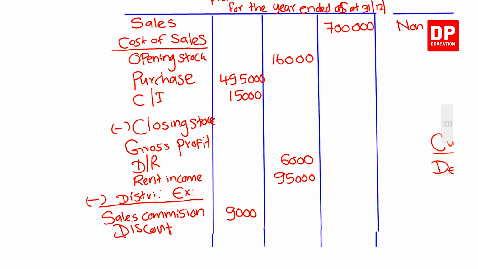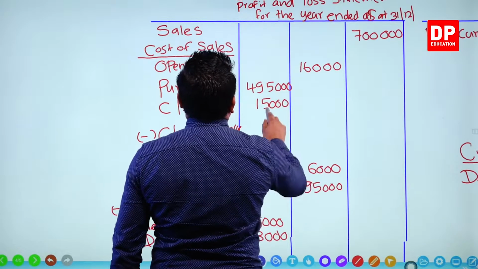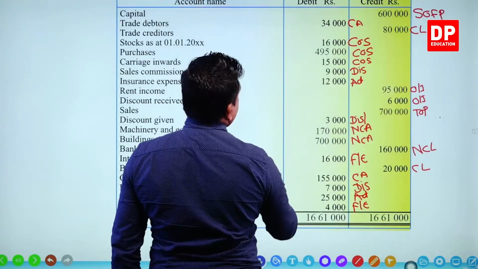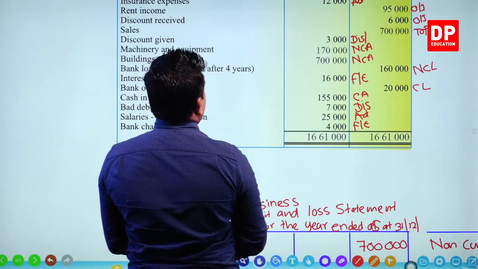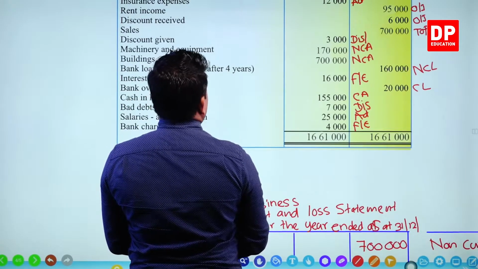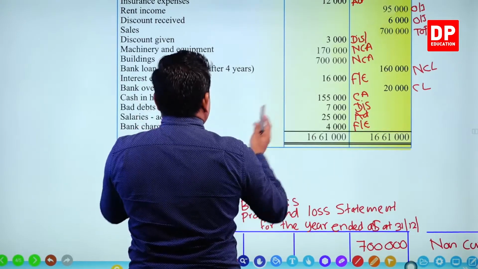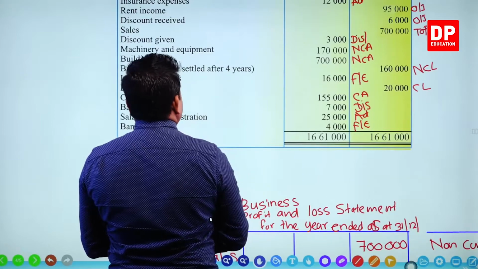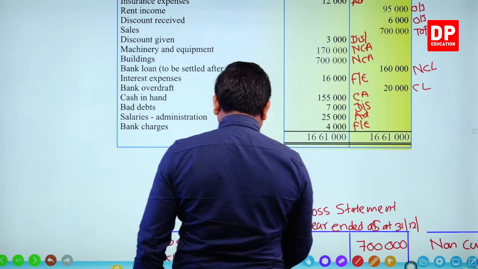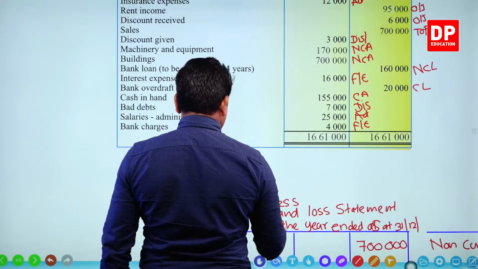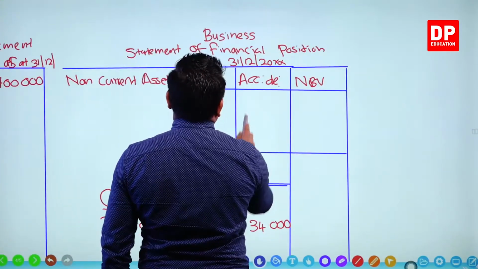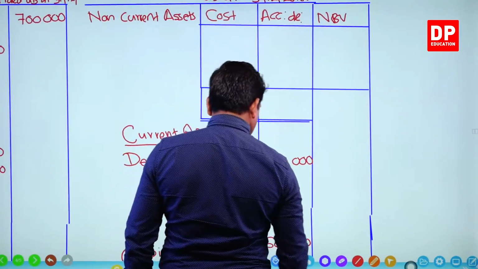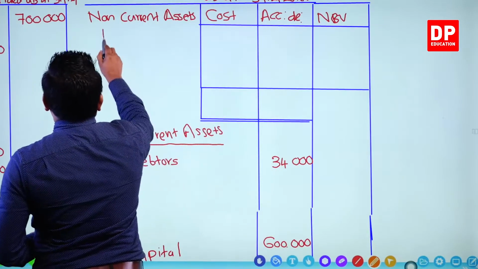It should be 3,000. Yeah, correct. Machinery and equipment 170,000. Building 700,000. Building should come first.